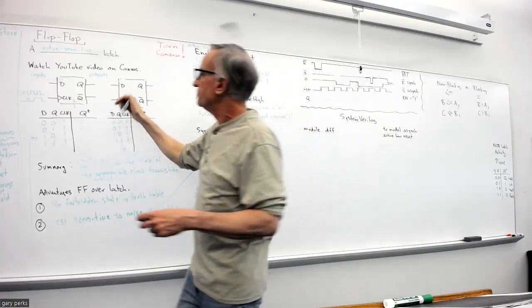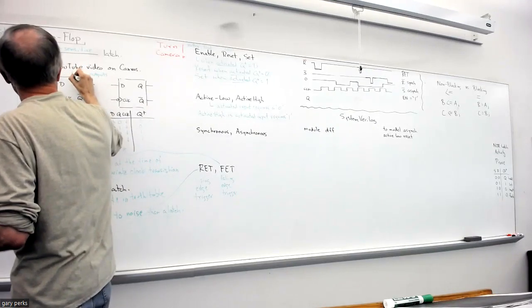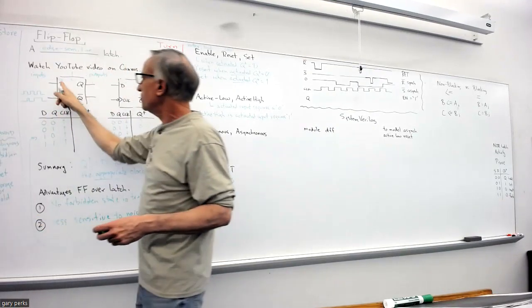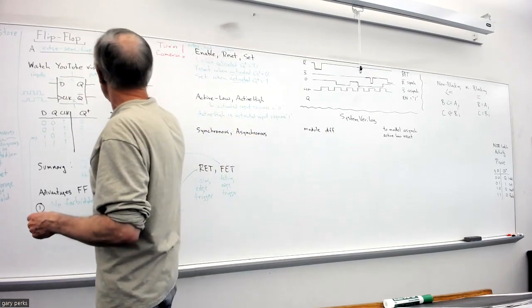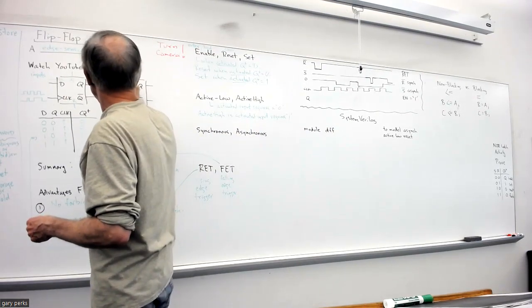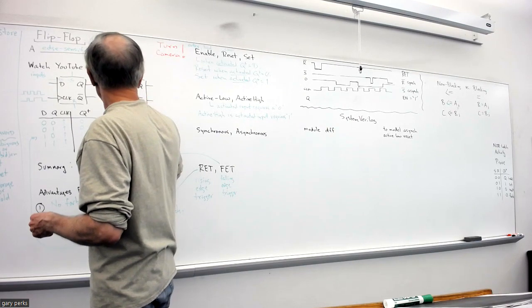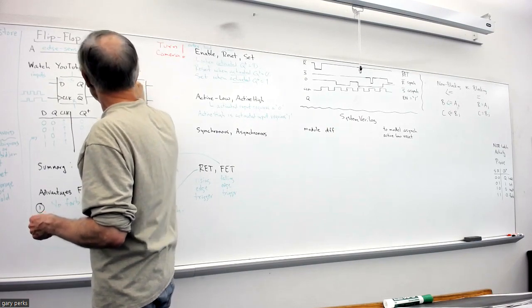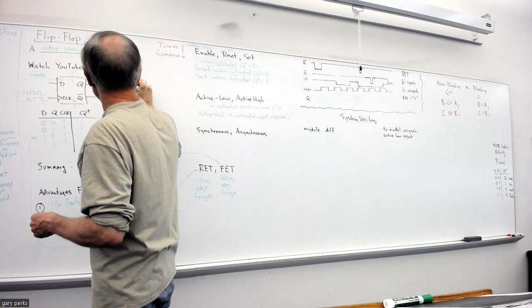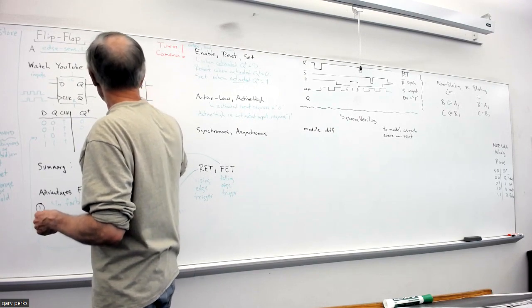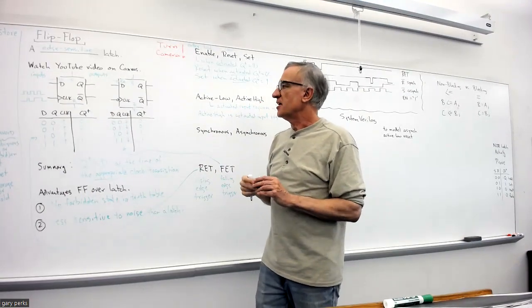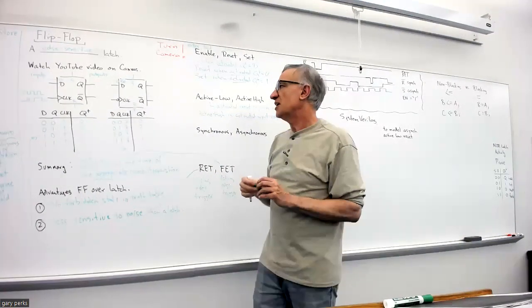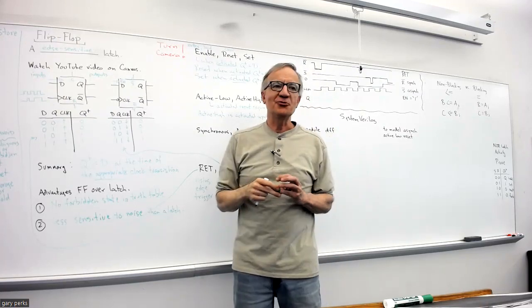In a symbol, if they're active high, then they're shown as you see here. If they're active low, there's a bubble. Okay, so this would be an active low enable. This would be an active low set. This would be an active low reset. See also, and this can be confusing, I know, but again, don't shoot the messenger.